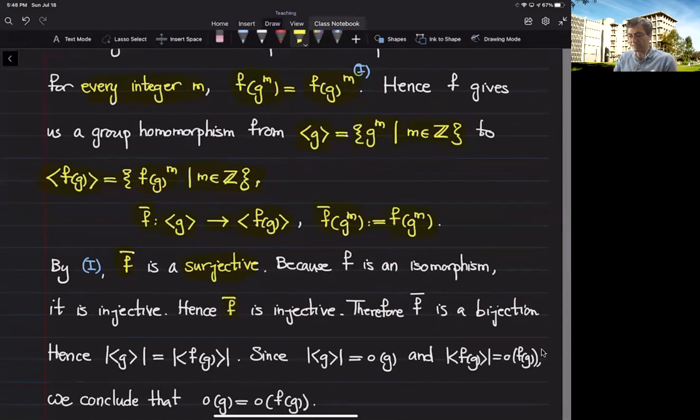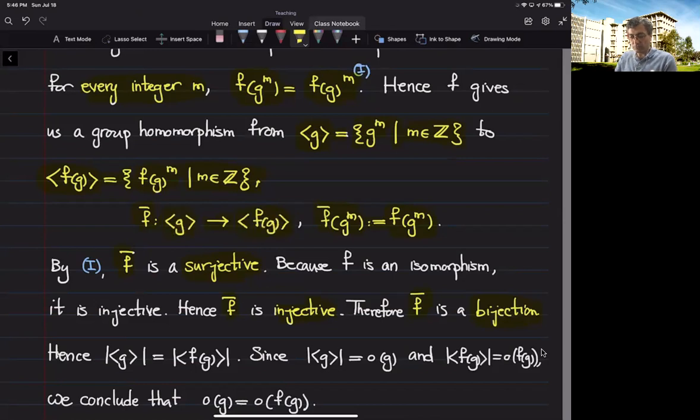So f bar is injective and surjective, and therefore f bar is a bijection. One can also check that it is a group homomorphism, but we do not care at this point. Since f bar is a bijection, the domain and codomain have the same cardinality.